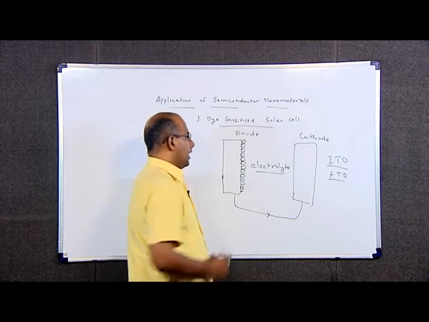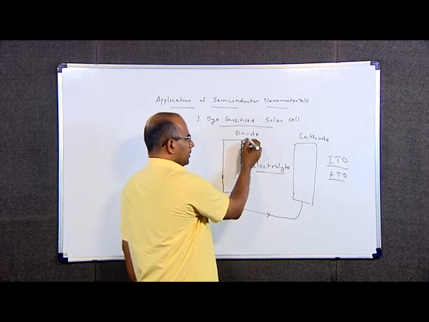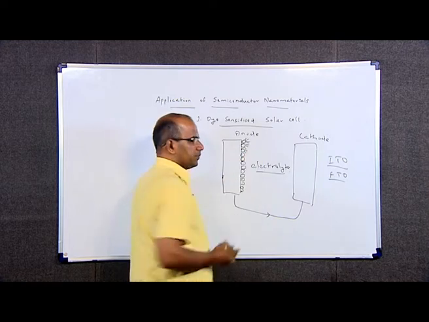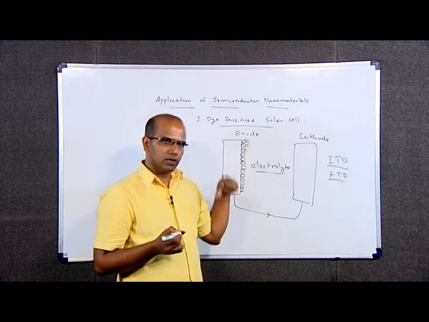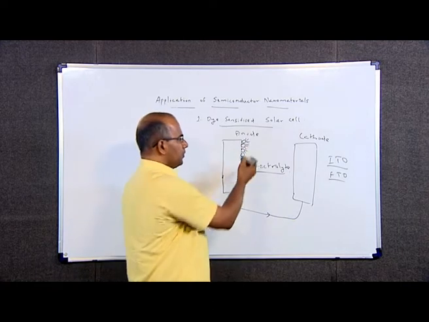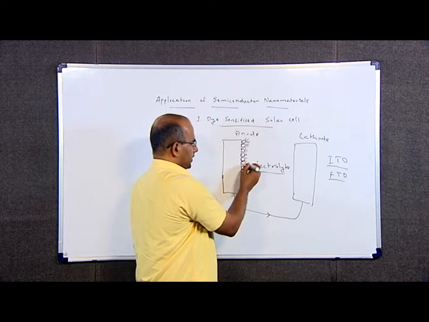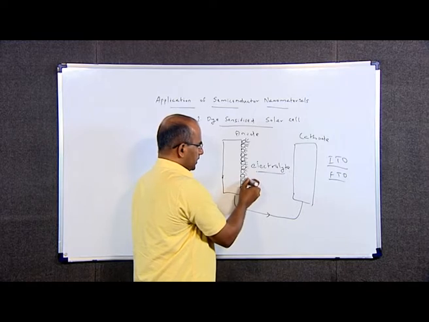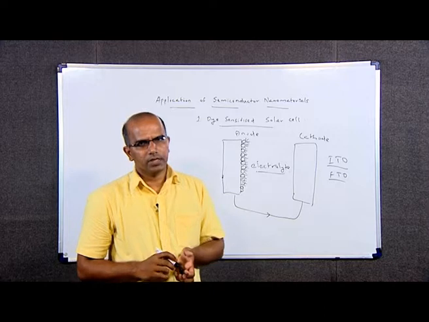Now this anode will be dipped into a dye molecule. As I told earlier, the light absorption in the dye sensitized solar cell takes place by a dye. So we will put the dye on the semiconducting oxide. So these are representing the dyes on the surface of the semiconducting oxide.